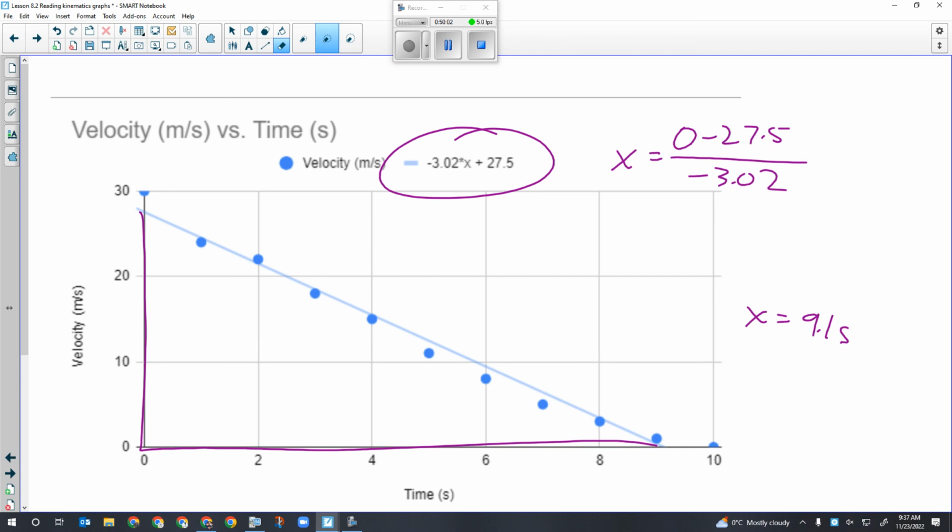Can I get my area now? Height of that triangle is 27.5.